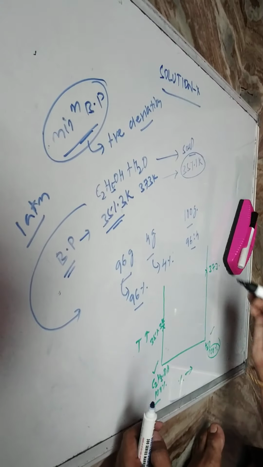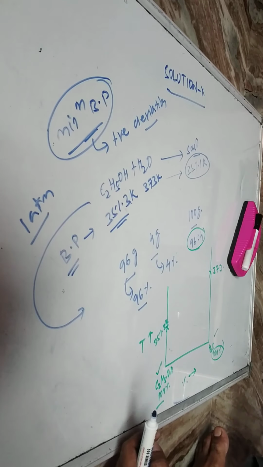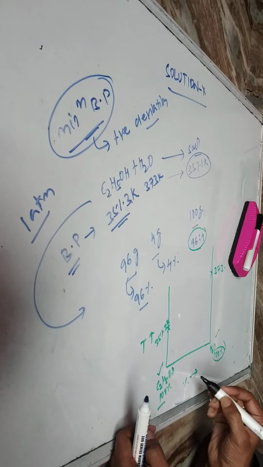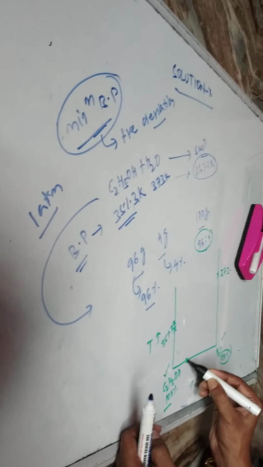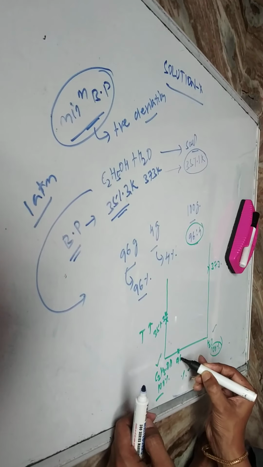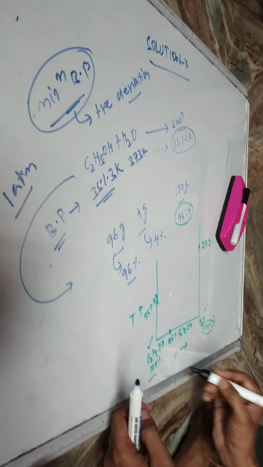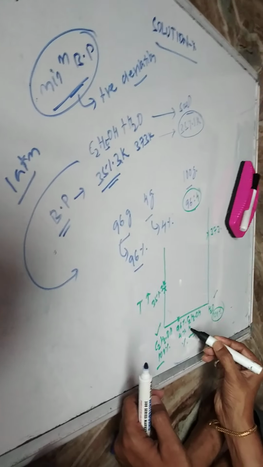We are taking a mixture of ethanol and water with a 96:4 by mass ratio. So this is the point at which we get 96% ethanol. If 96% ethanol is there, automatically 4% water is there.